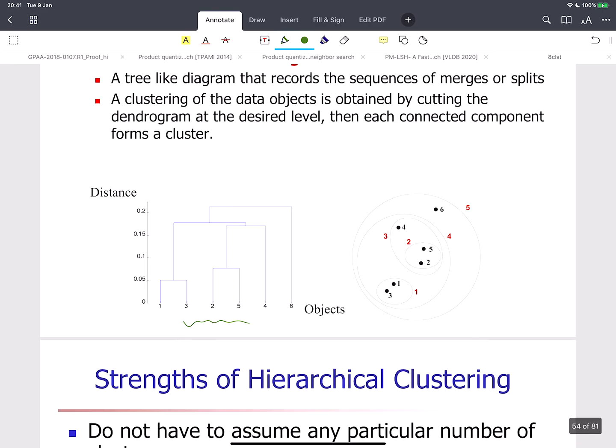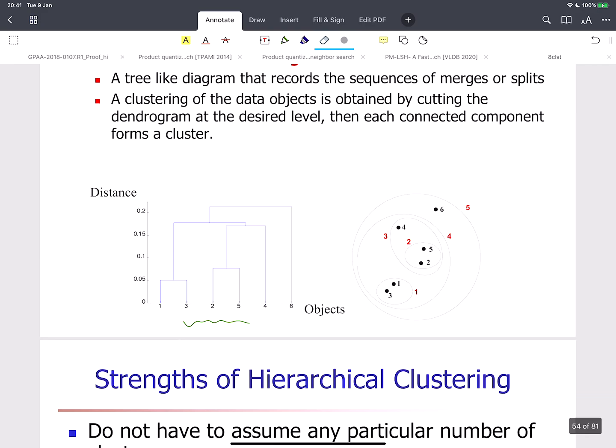There are different ways to draw it. If you have more objects, you can grow downwards. For this one, you need to grow to the right-hand side, which is pretty high, so it's pretty common to see this lie-down version of the trees.